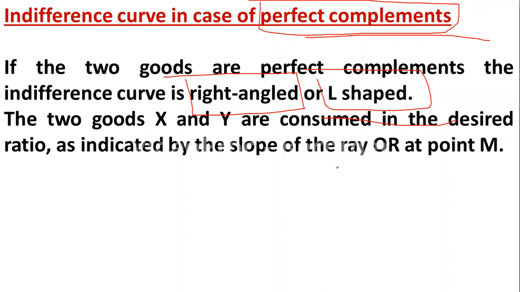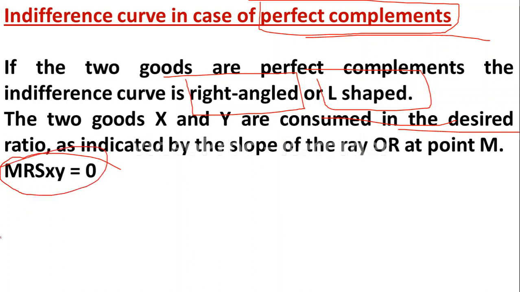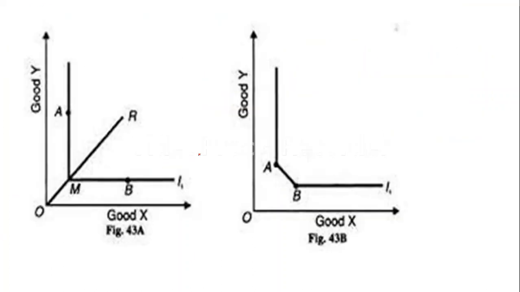And if the two goods x and y are consumed in the desired ratio as indicated by the slope of the ray or at point M, then MRSXY is equal to 0 here. So in case of perfect complementary goods, MRSXY will be 0, and this is the indifference curve in case of complementary goods. It is an L shaped curve.